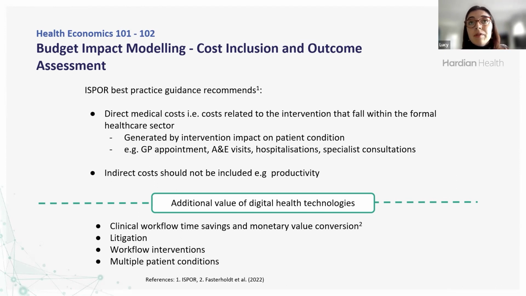But as I said, ISPOR recommend the inclusion of direct medical costs only. So, medical costs that are related to the condition of patients, and how the introduction of the new intervention then changes patients' symptoms, disease duration, disease outcomes, disease progression rates, and therefore the change in medical costs associated with that.